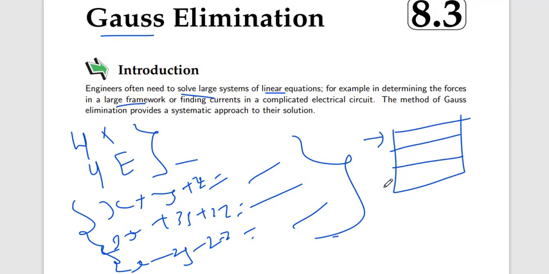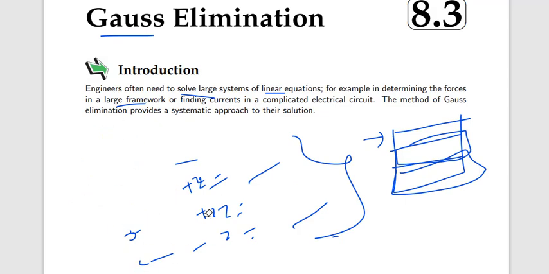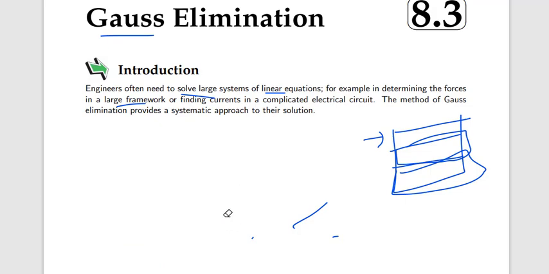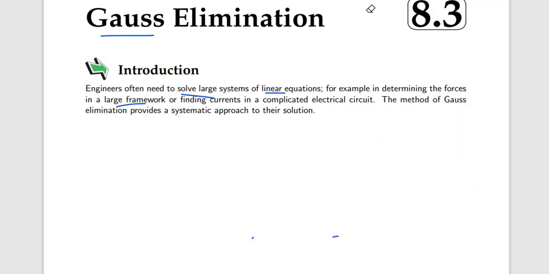This is a large network, and if we want to find how much wind force and dead load act on the first floor, second floor, and third floor, we apply the Gaussian elimination method to solve this large system of linear equations.